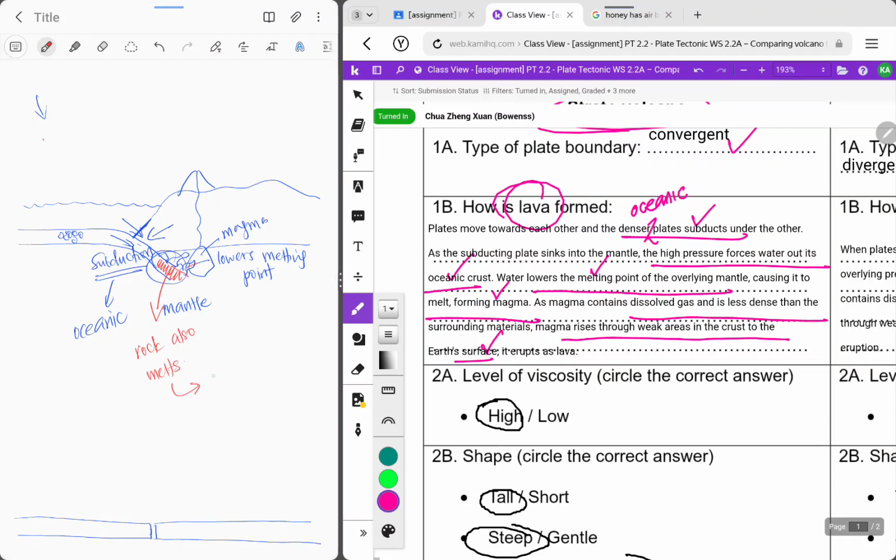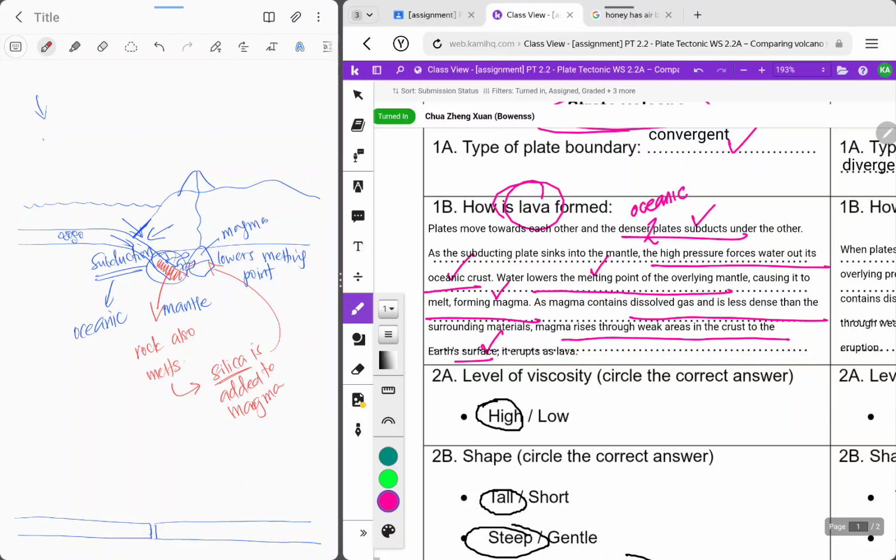Instead, it becomes silica, which is then added to the magma. Because it's melting at the same place, you see, where the mantle material melts to form the magma, the crust, the oceanic crust that's subducted, also melts, which adds silica. And this silica content adds into the magma.